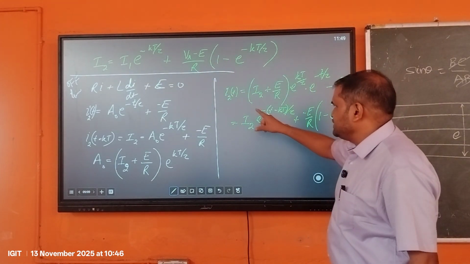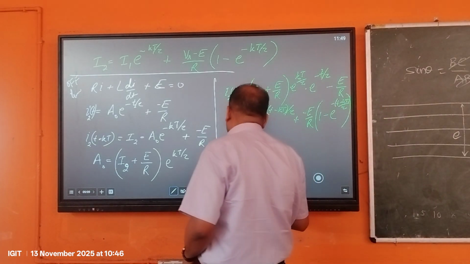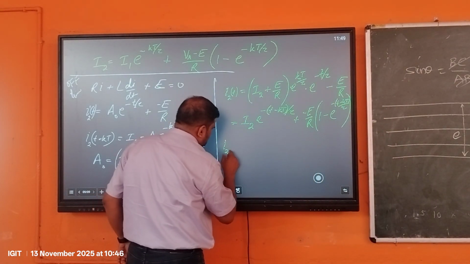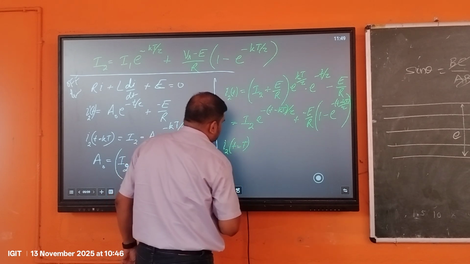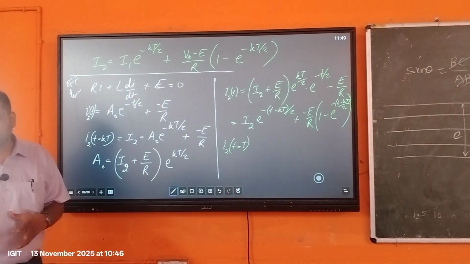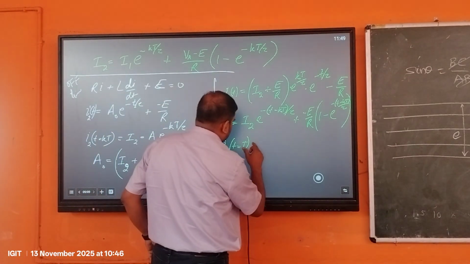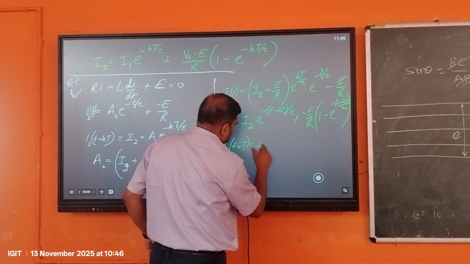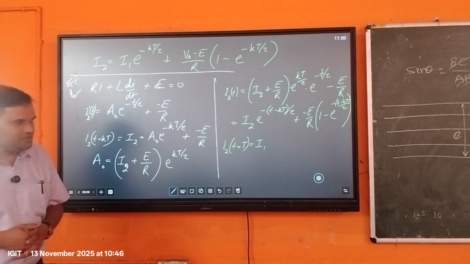Now this is the equation of I2. At time t equal to capital T, that is when this ends, what is the value of the current? The value of the current is I1. From I2 it will come down to I1.